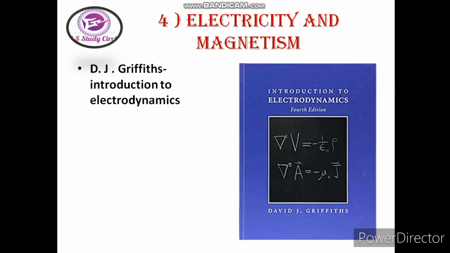electricity and magnetism. This is one of the best topics I have mentioned, a scoring topic of this syllabus. If we have the book DJ Griffiths' Introduction to Electrodynamics, this topic has some critical subtopics, critical points, critical concepts.